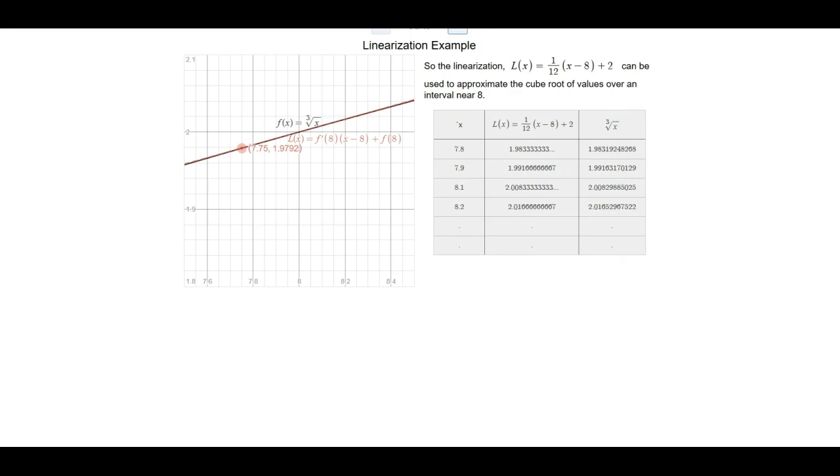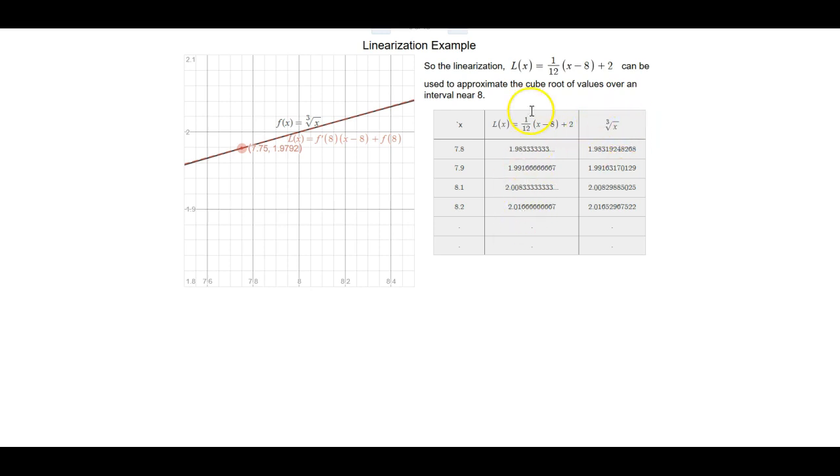So you're saying, why do we have linearization? Well, of course, we haven't always had calculators. But the one thing about linearization that's a little bit better than a calculator is that you can use it on an interval near your x value of a.